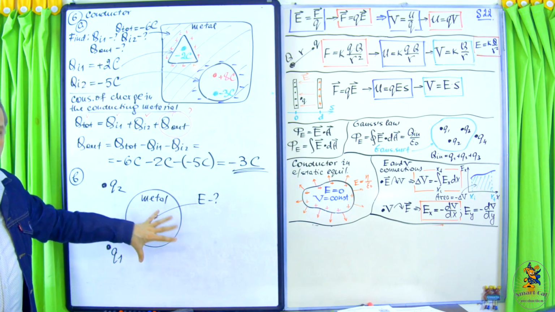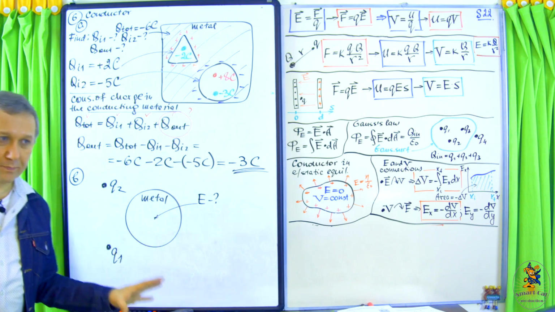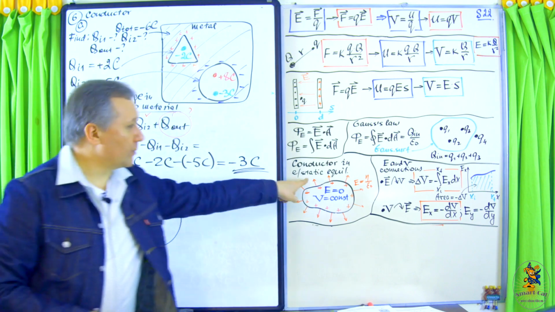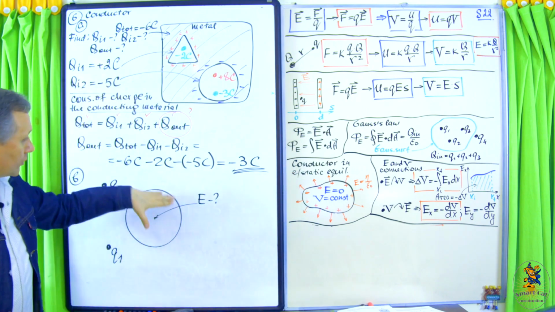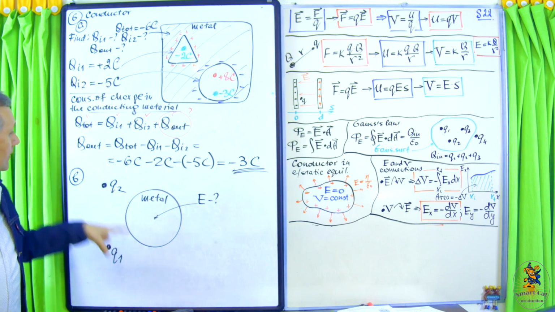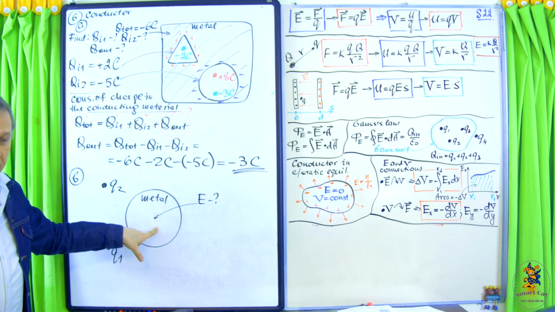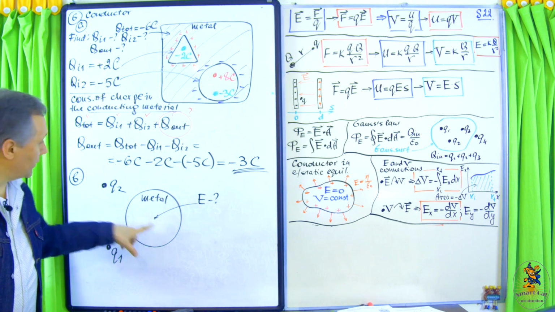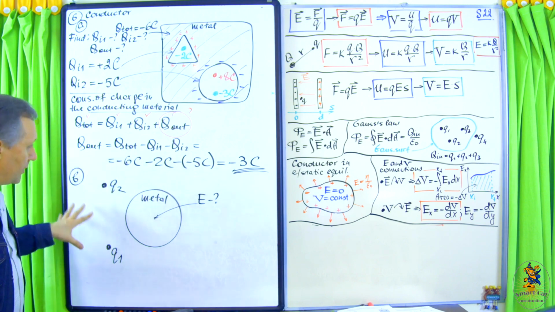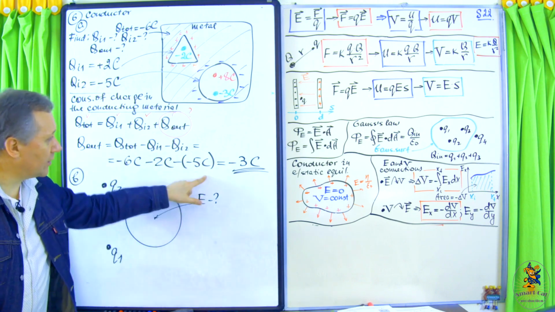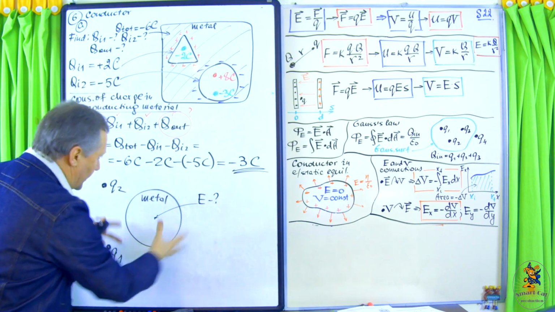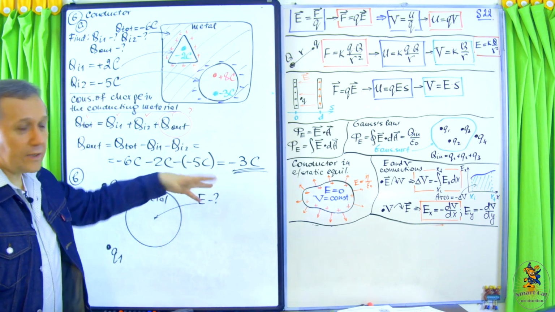Again, we assume that we wait for a short period of time so that our conductor reaches electrostatic equilibrium. And in that case, electrons will distribute themselves properly around the surface, making the electric field inside of the conductor 0. So it doesn't matter how complicated the distribution of charges outside of the sphere is going to be. Maybe I can add another charge here, another charge there, but electrons, like brave soldiers, will take care of that effect.